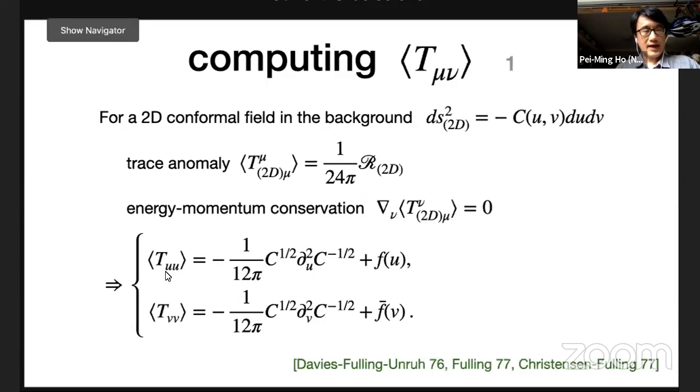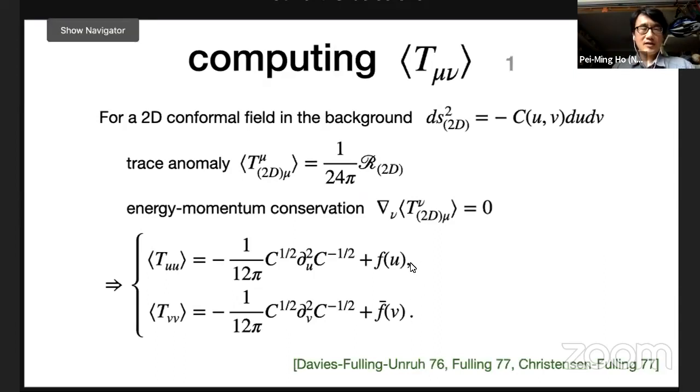For the outgoing energy density of the vacuum energy momentum tensor, you have a free function which depends only on U but not on V. The conformal factor we usually use is a modification of the Schwarzschild metric, so it goes to 1 at large distances and this derivative goes to 0. Therefore, at large distances, this is the outgoing energy flux, and this is the ingoing energy flux.